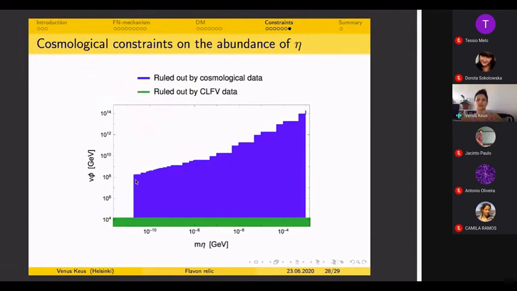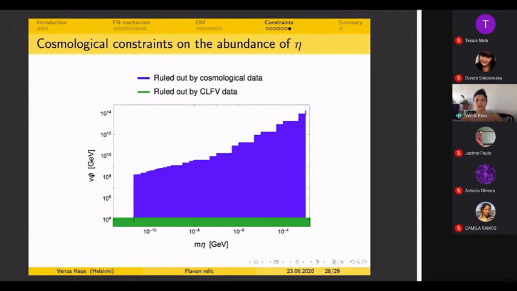But basically what it says is that there is a correspondence between the mass of the flavon and the VEV of the flavon, where in the very low mass regions and very small VEVs, it's the particle physics data, the charged lepton flavor violating data, that rules out your model.